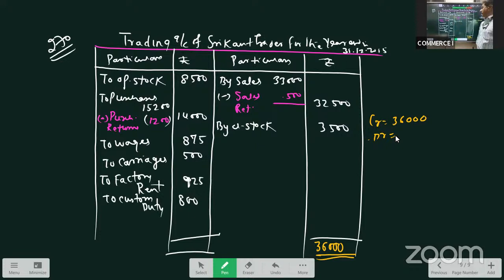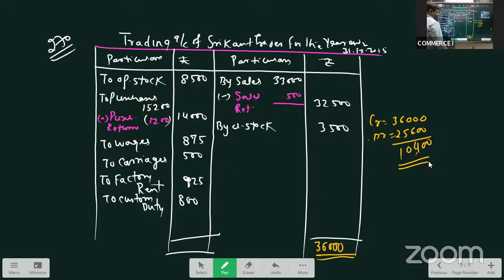What is the total of the debit side? 25,600, I guess. Right, check once. Yeah. So deduct, we'll get 10,400. 10,400 is the balancing figure.